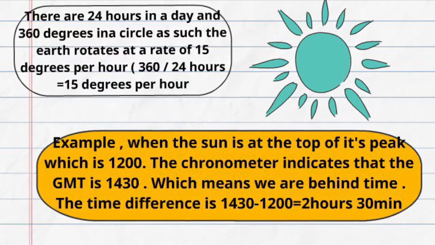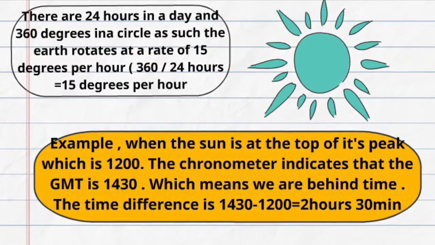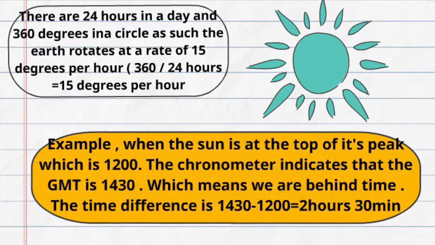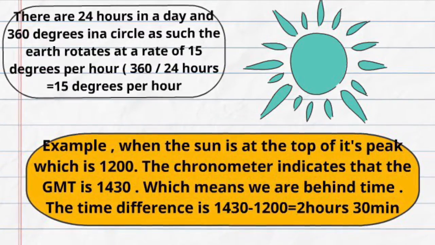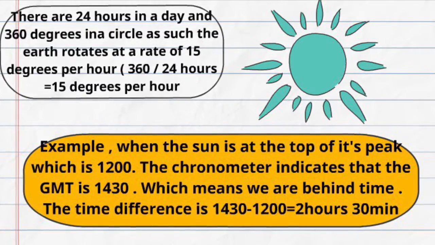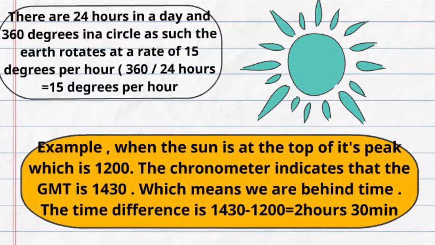Secondly, the use of a marine chronometer, which is a clock that is set according to Greenwich Meridian Time, GMT, is highly beneficial for sailors to determine their longitude out at the open sea.